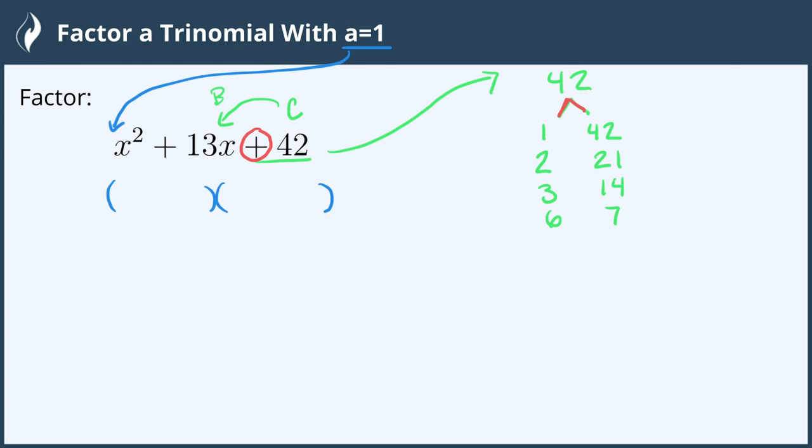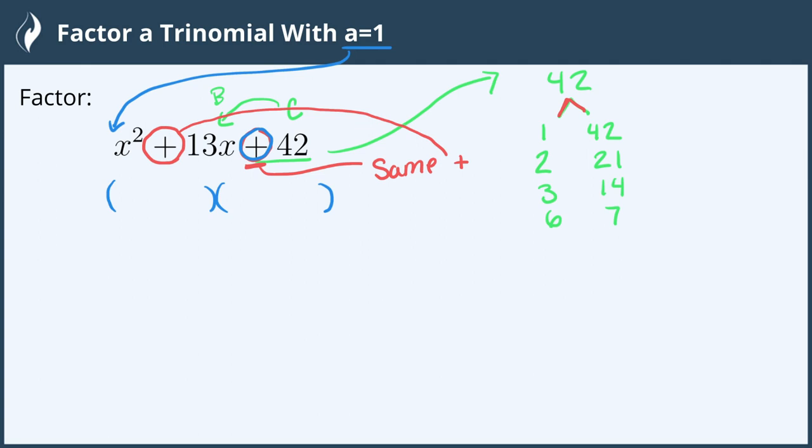So we look to our other sign, and because this is positive, that tells us that they will both be positive. If this last term were negative, then the signs would be different. In this case, we don't need to worry about that.